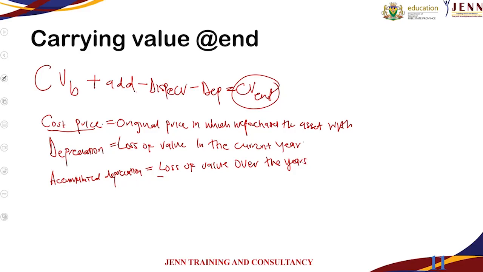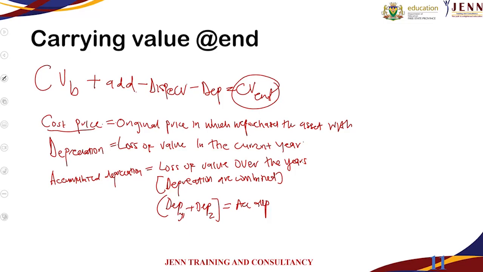What does that mean? It means depreciations are combined. If we say depreciation for year 1 plus depreciation for year 2, then what do we have? We have what you call accumulated depreciation. Then we're going to have what you call the carrying value.